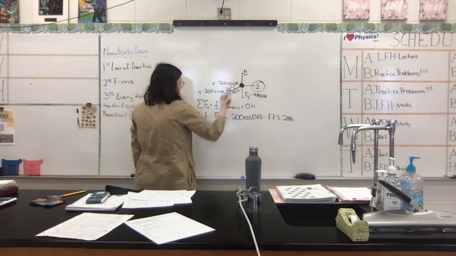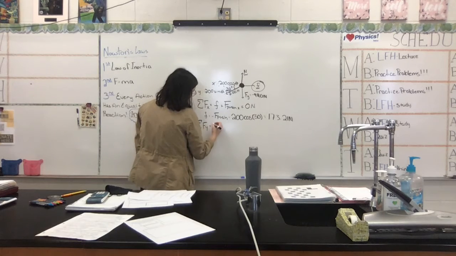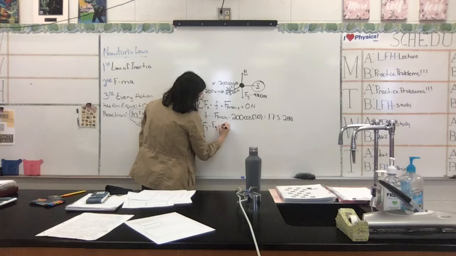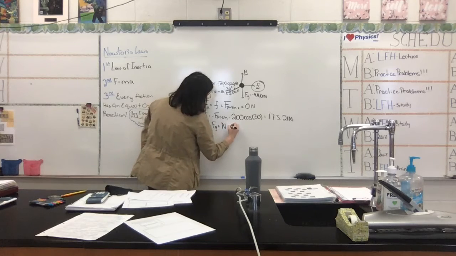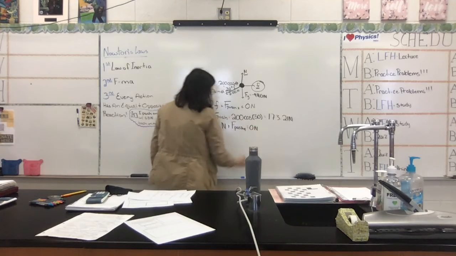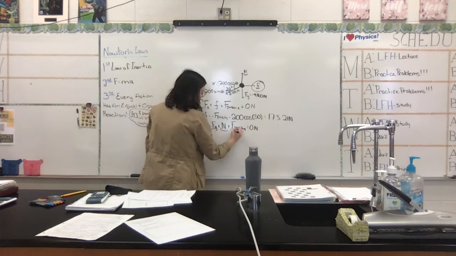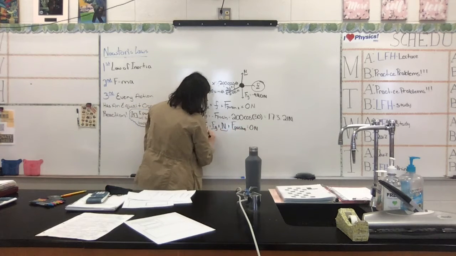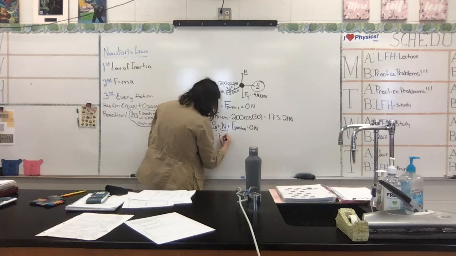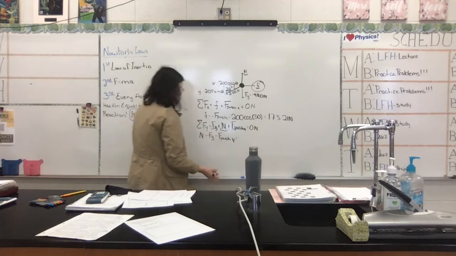Then it wants us to find this normal force, so we're going to want to sum the forces in the y direction again. So the force of gravity plus the normal force plus the y component of this pushing force, which will all equal 0 newtons. So if we're looking for the normal force, we'll want to subtract these other two forces over. So normal is equal to the negative force of gravity minus that y component of the push.